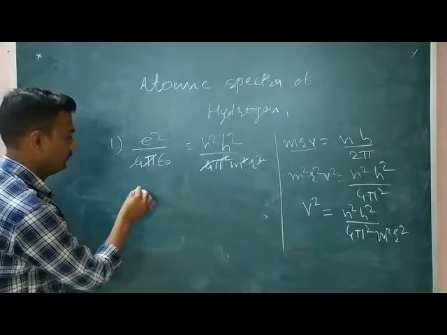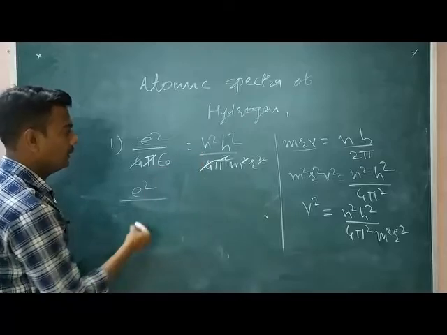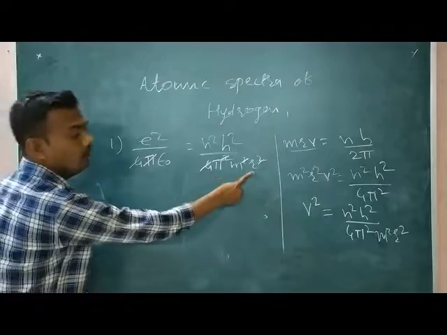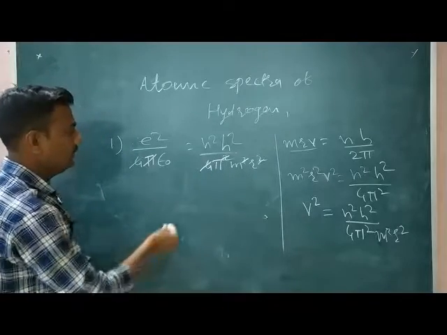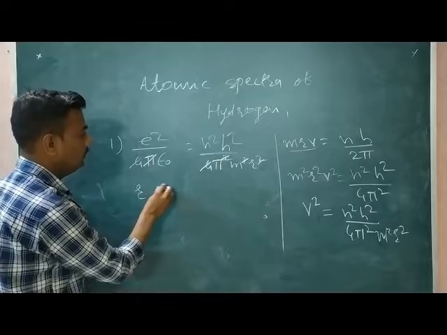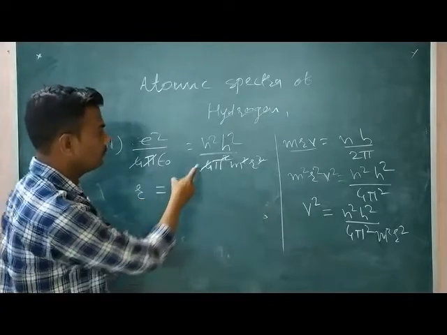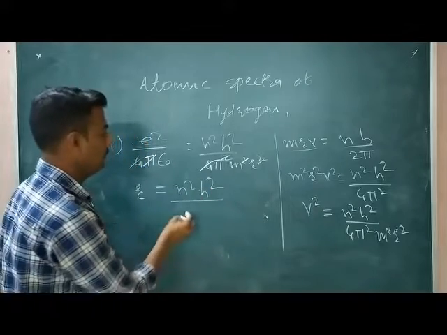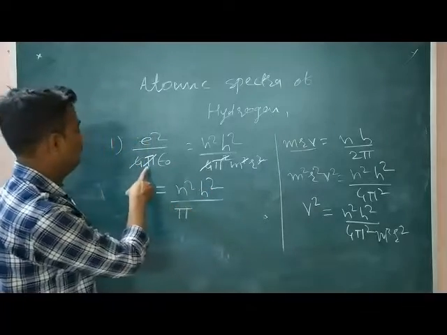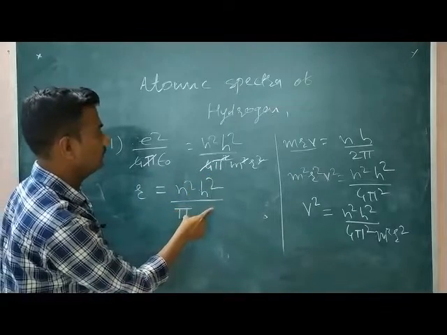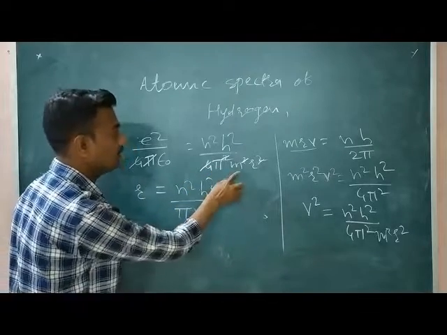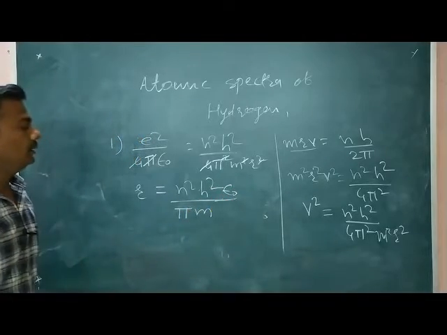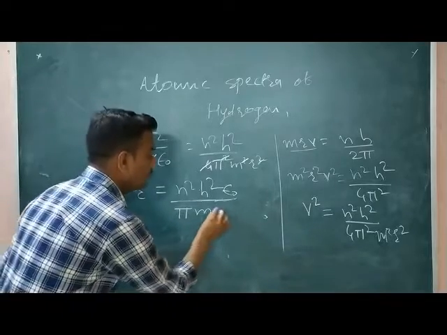It is equal to, if I take this r from the right side to the left side, it is equal to r, which equals n square h square divided by pi, 1 m is there, and epsilon 0 goes to the numerator, and e square.